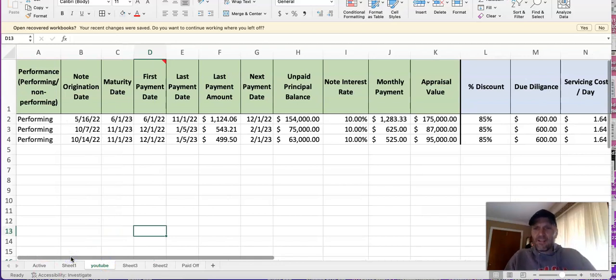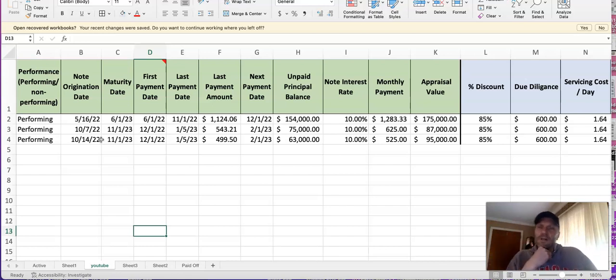Usually I'll get a tape in, and I'll have the assets. I'll have the borrower's name, the address, the city, state, zip, the borrower's credit, depending on whether it's performing or non-performing. These are all performing notes.